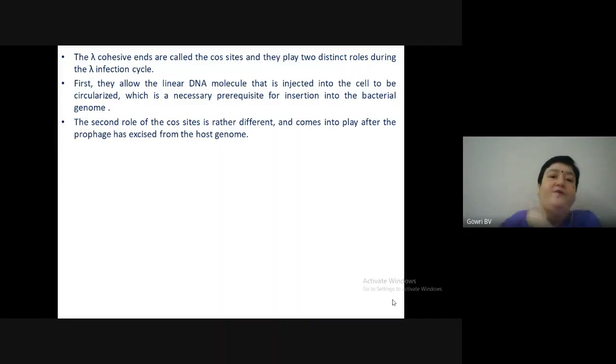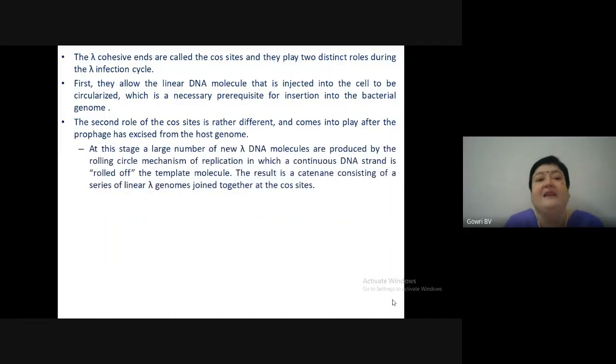At this stage, please listen carefully, a large number of new lambda DNA molecules are produced by the rolling circle mechanism of replication, in which a continuous DNA strand is rolled off the template molecule. The resulting molecule is a catenane consisting of a series of linear lambda genomes joined together at the cos sites.